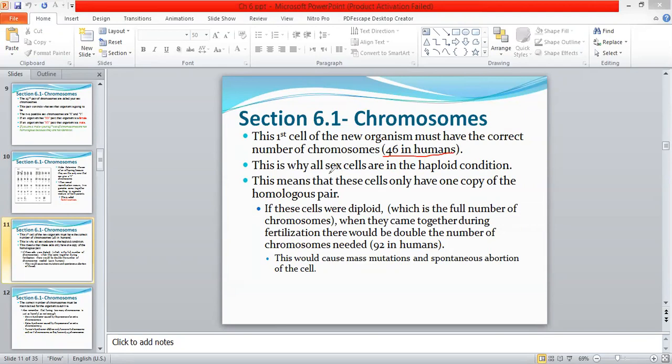But the sex cell will be haploid. Okay, that means the cell has one copy of the homologous pair. And this paragraph explains the meaning of diploid, the full number of chromosomes, and haploid, and so on.